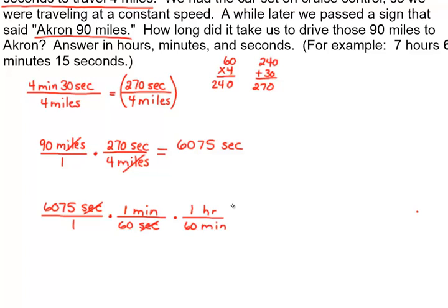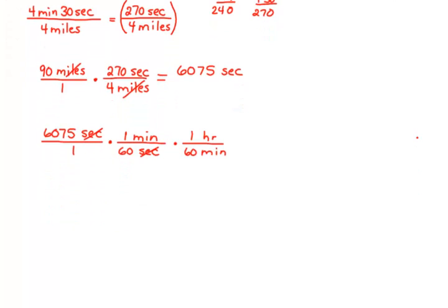Okay, so we're going to leave things in terms of fractions here. So we're going to have 6,075 over 60 times 60, which is 3,600 seconds in an hour. Okay, so here's what I'm going to do.